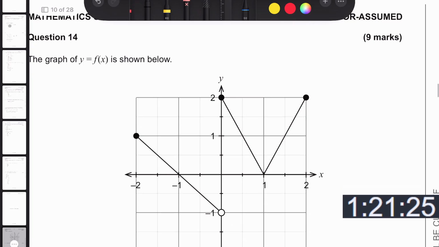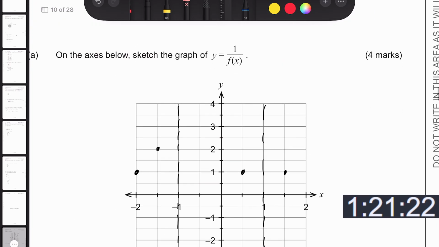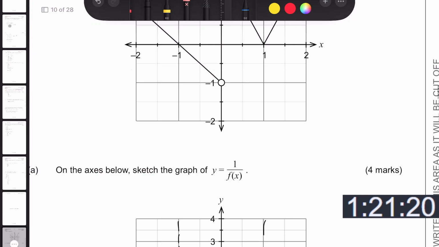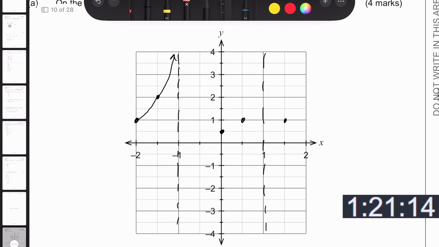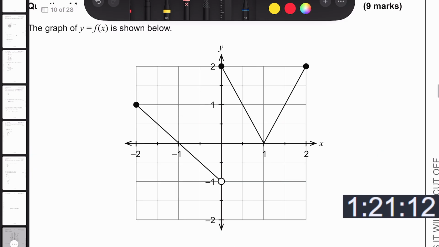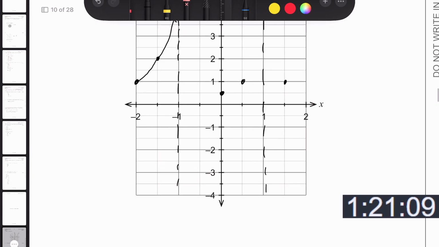And negative... No. So this one can just go up like that, and then down here. Negative 2.5, and an open dot.